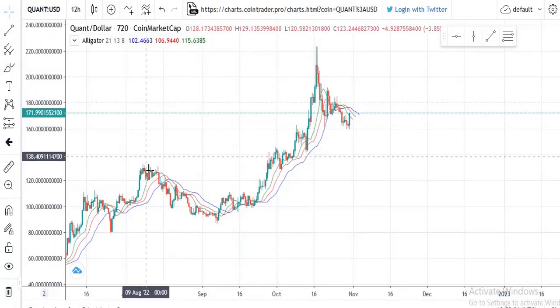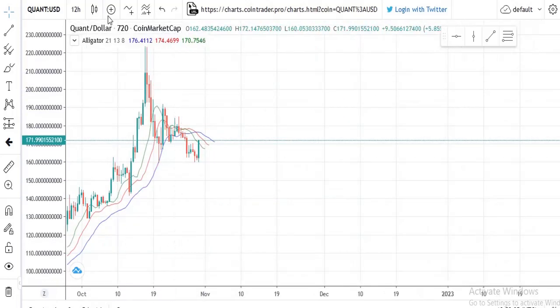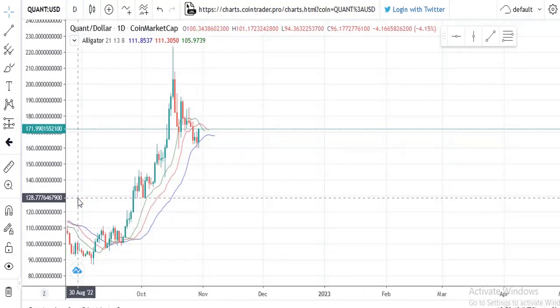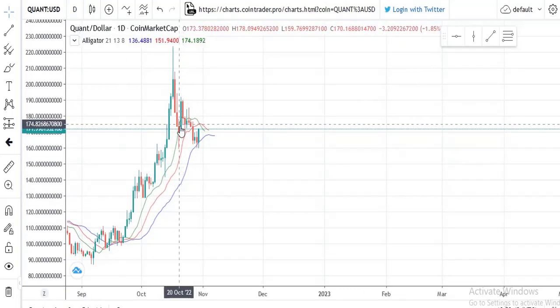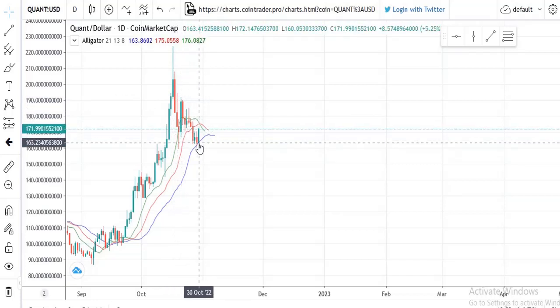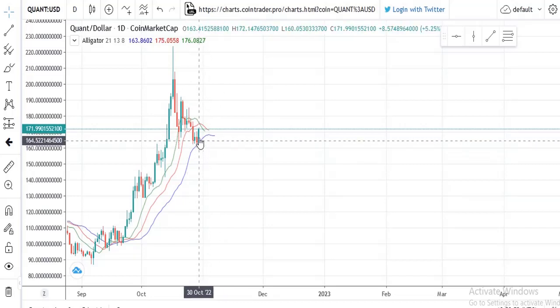Here is another chart that really shows us what the price of QNT is going to do in the coming few days. We said that every single time QNT came to this moving average, we bounced. So we said we were expecting a bounce, and as you can see, we are already bouncing.